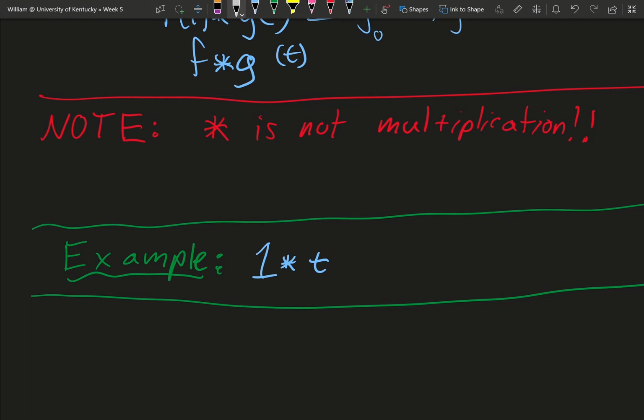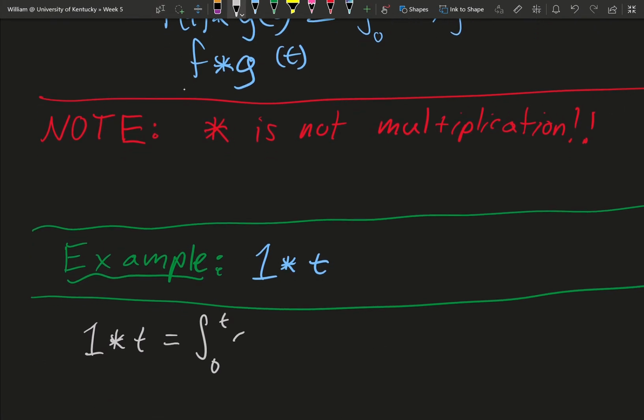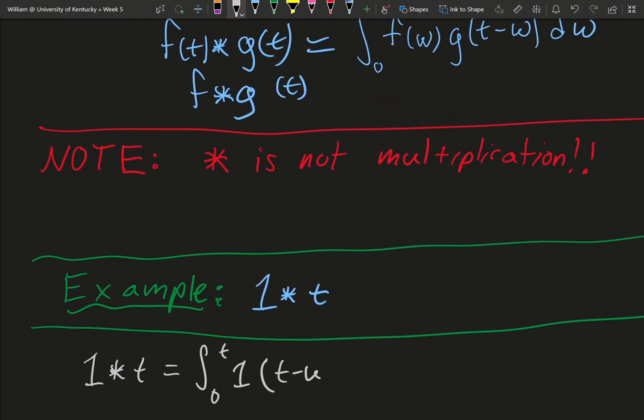So our first one, we have 1 convolved with t. So this is going to be the integral from 0 to t of 1. Normally we would plug in w, but there's nothing really to plug in, so it's still just a 1, times t, but with t replaced with t minus w.